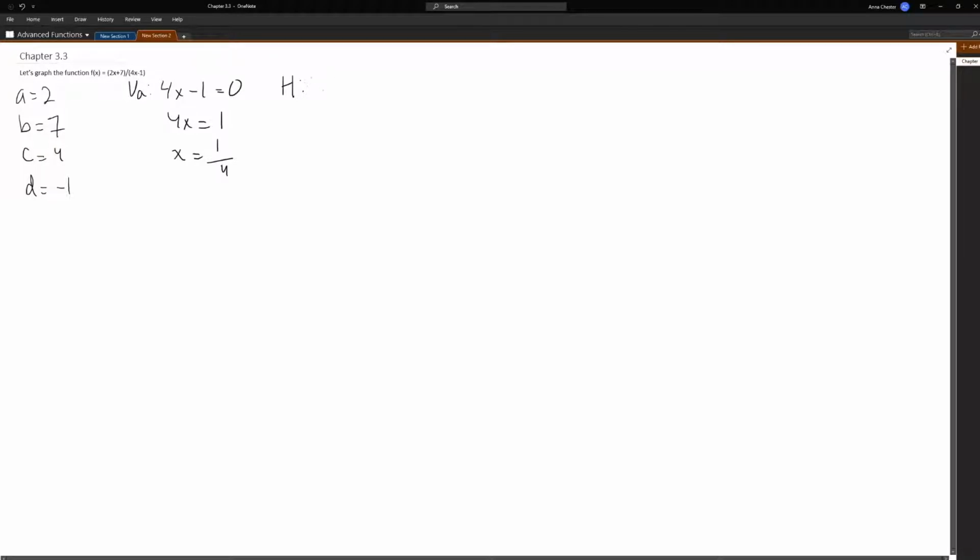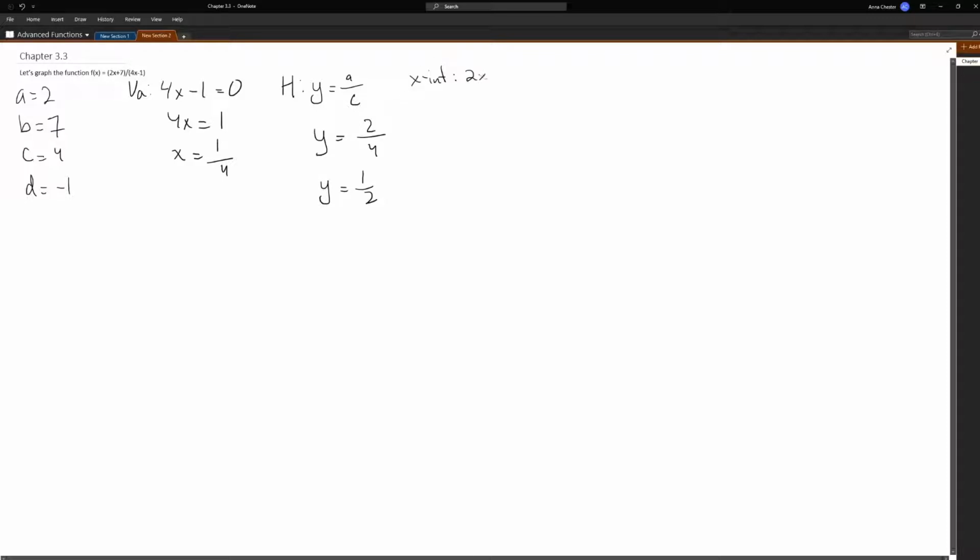So y is equals to a over c, so y is equals to 2 over 4, y is equals to 1/2. That's our horizontal asymptote.